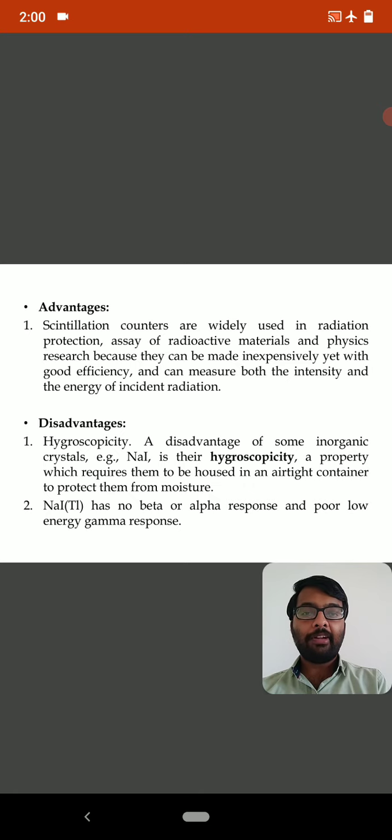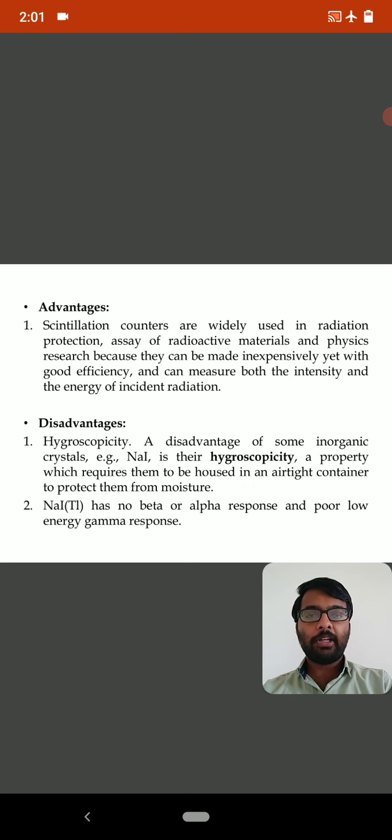In order to avoid that hygroscopic nature, we should place these scintillators in aluminum cans or aluminum containers.